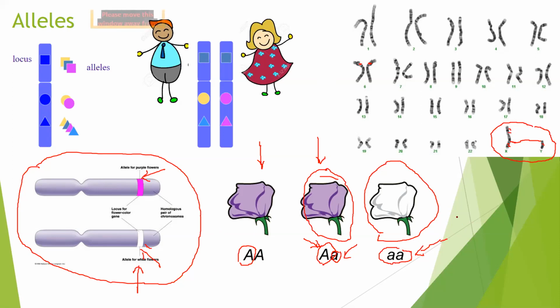I just want to understand: if we had the white flower with the two lowercase a and the purple flower with the capital A and lowercase a, between those two, the purple flower would be dominant, and if they were crossed, the flower would be purple? If you cross these two, the big A small a with the small a, so yes.